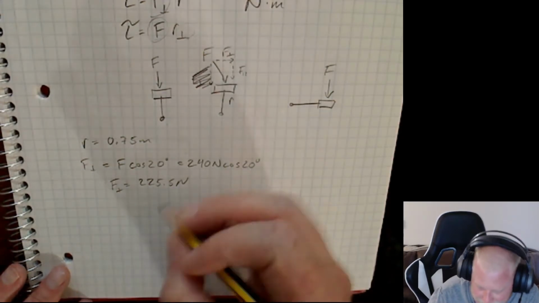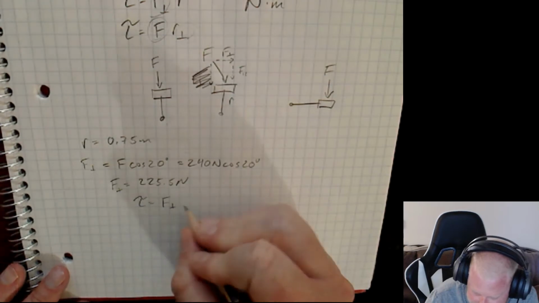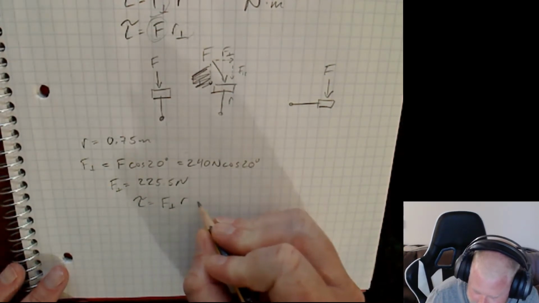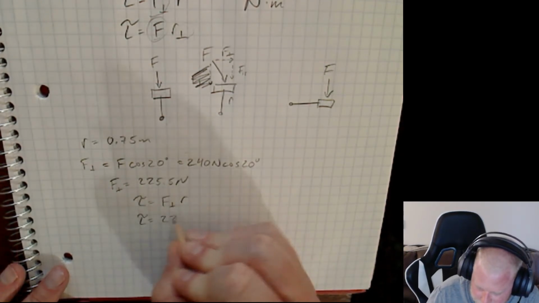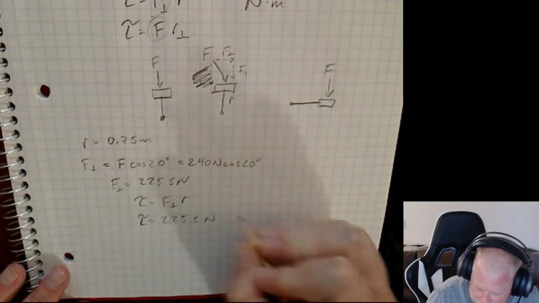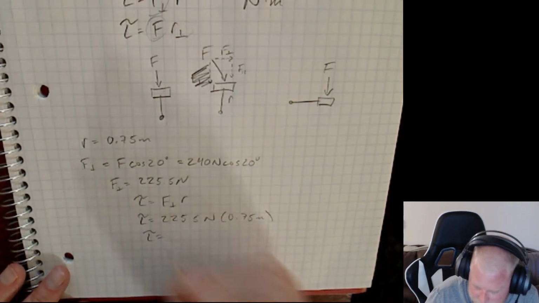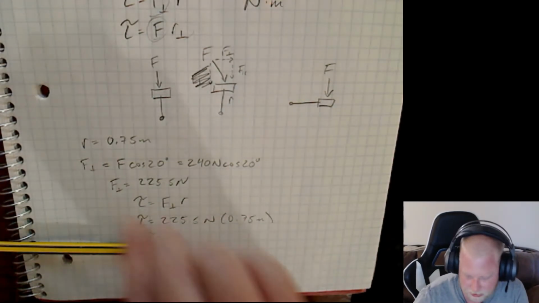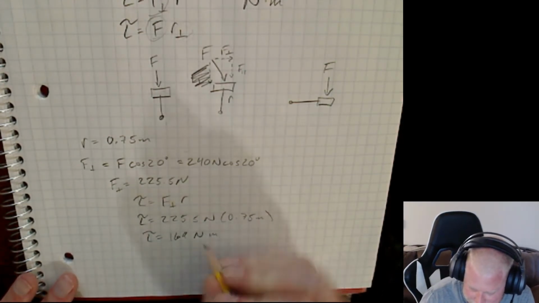So if we want to find the torque, it is equal to our perpendicular component of force times the radial line. All right, so torque is equal to 225.5 newtons times 0.75 meters, which comes out to 169 newton meters.